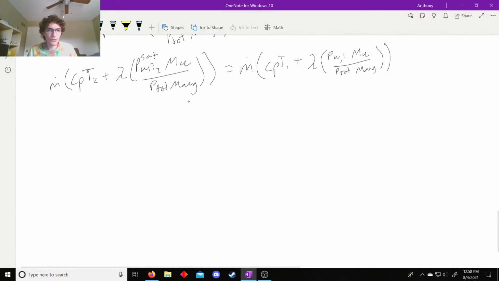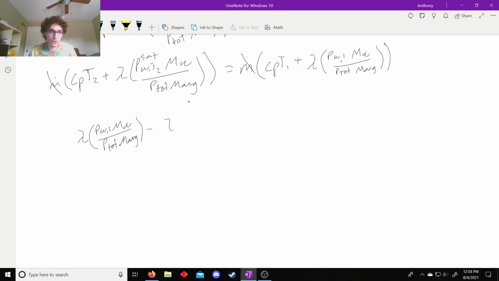Now we're going to need to simplify this as much as we can here. We can cancel these. I'm going to go ahead and move some terms around. So what we'll have here is this term here, partial pressure at 1 divided by the total pressure times the average molecular weight.